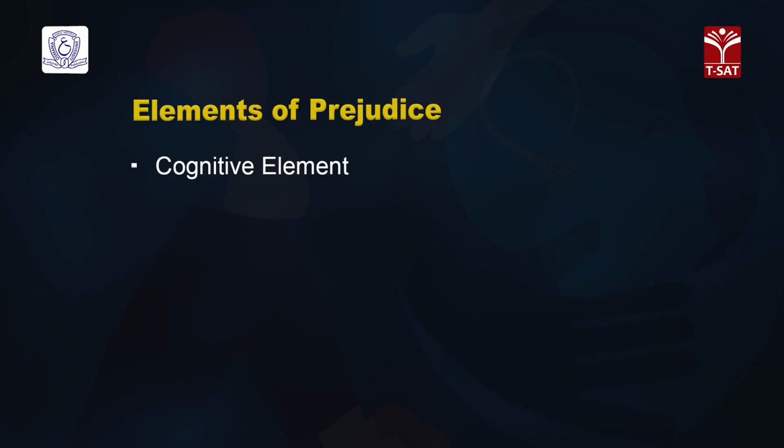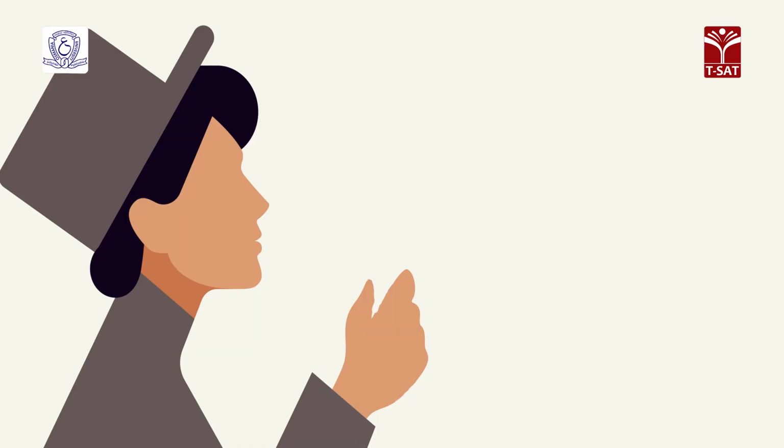The second one is the affective element. The affective component involves the feelings experienced in response to the group. If an individual is prejudiced against another group, they would experience fear, anger, disgust, apathy when they come face to face with the other group.